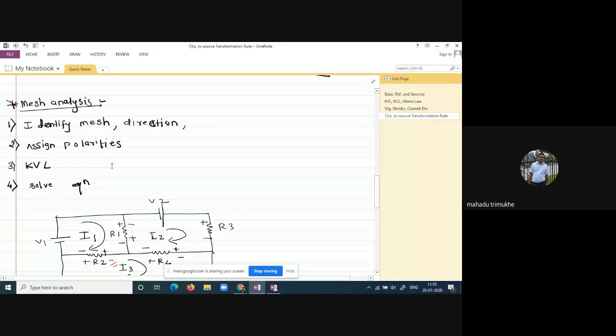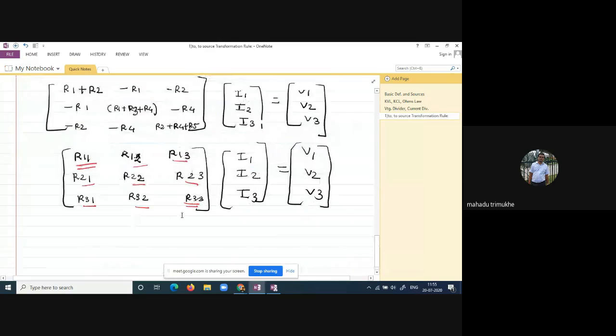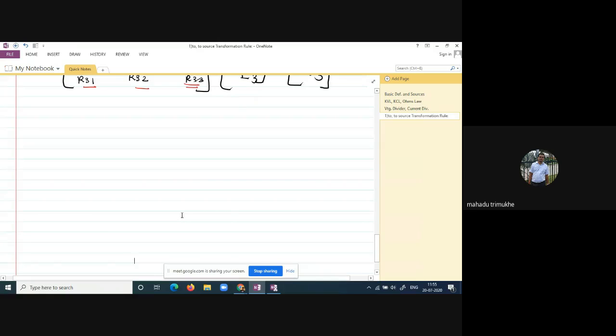So we will not focus on Cramer's rule. We have to use the calculator directly. You already know how to solve simultaneous equations in the calculator. Yes or no?